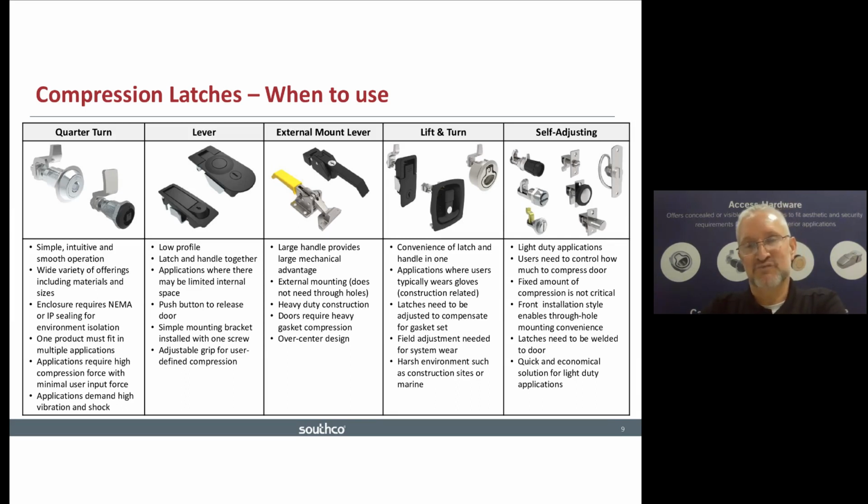So once you've raised that handle, it's easy to use to open and close the door as well. And because they're all adjustable grip, like I mentioned earlier, the amount of grip or compression you're giving the application can be set at the time of installation to whatever you feel your application needs. And these are typically highly durable latches and made from materials that are resistant to harsh environments and even marine environments, which may see salt water for corrosion purposes.